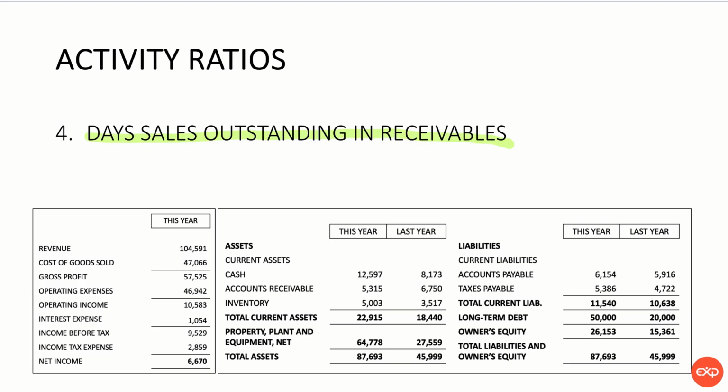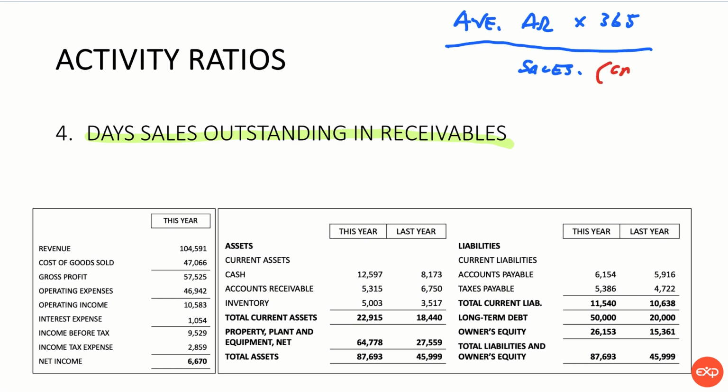The formula to use when you are working out DSO, you are also going to use average AR, accounts receivable, but this time you're going to multiply it by 365, which is 365 days for a year, because we have to work it out in a year's time, and then obviously over sales. Now sales here, again, caveat, this is credit sales. So let's have a look at what it is in our example.